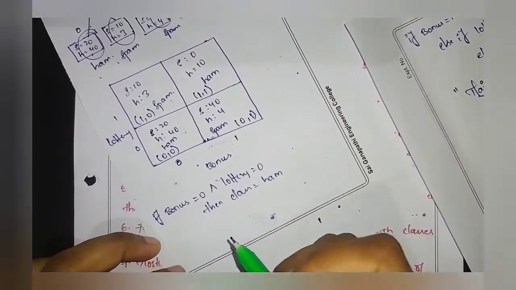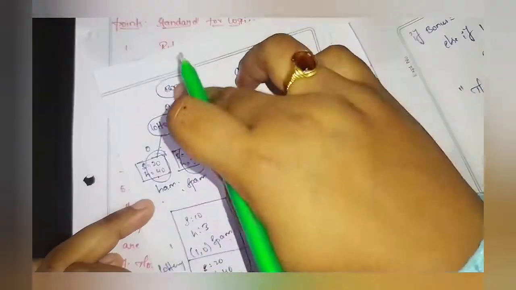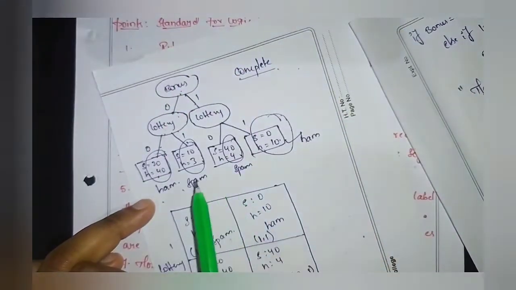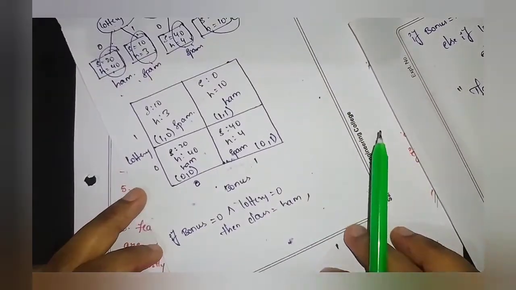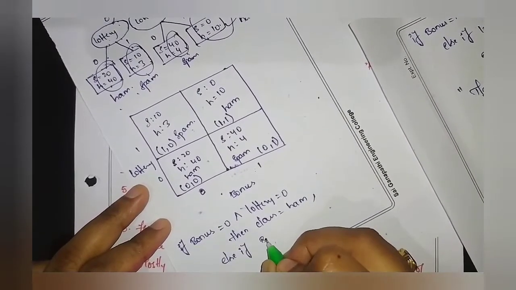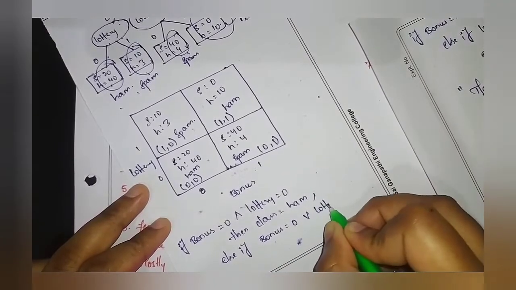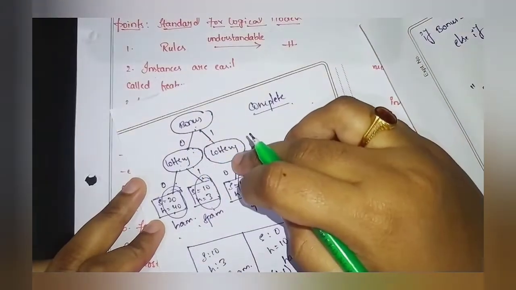Again, else if. We have done with the first case. Now both of the other cases are spam classes only. So how will we write the statement? Else if bonus equal to 0 or lottery equal to 0. Or in the sense either one will be the case, right?